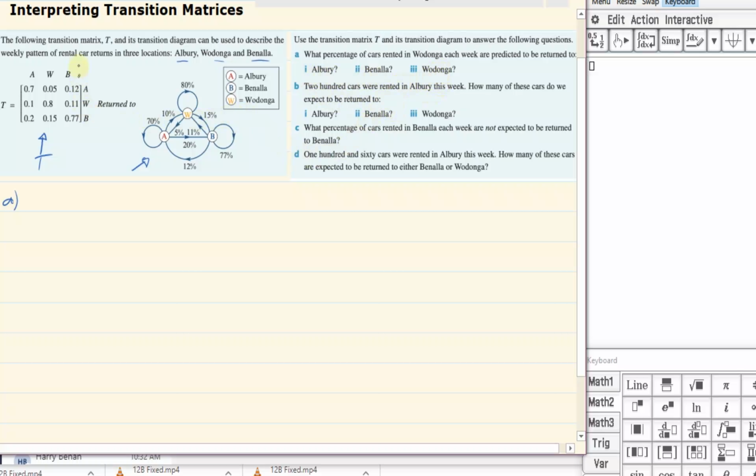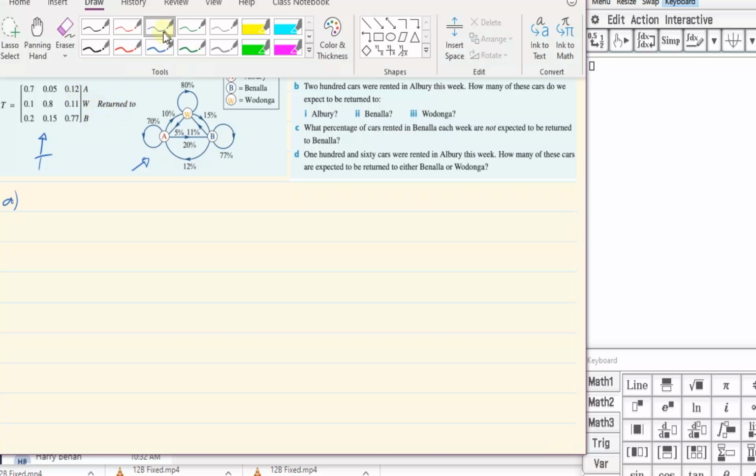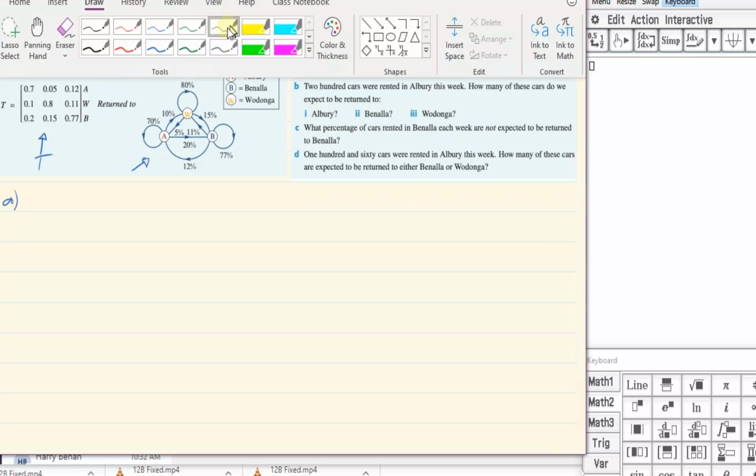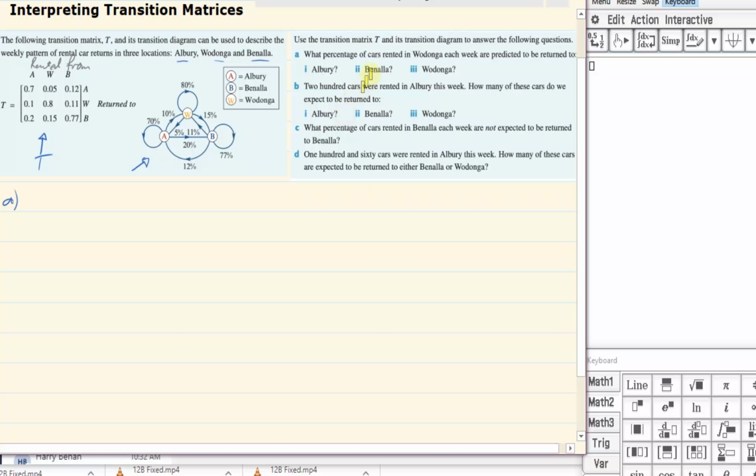You can see it says return to here, and up there, it's rented from. So that's the starting one. In the question, the cars were rented in Wodonga, so we're worried about this column, and then how that relates to where they're returned to, right there.